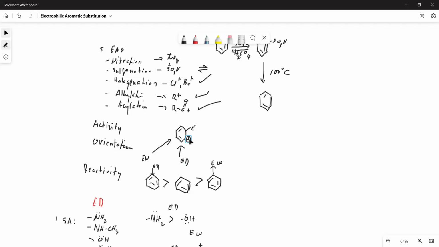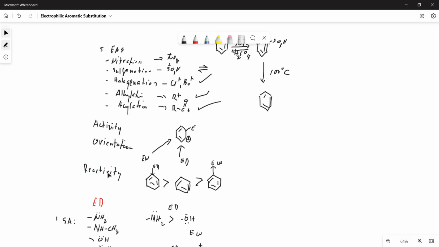On the other hand, electron withdrawing groups destabilize it, because they withdraw electrons, they make the positive more positive. And this will raise the activation energy, therefore decreasing the rate.